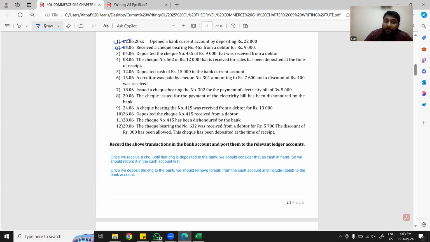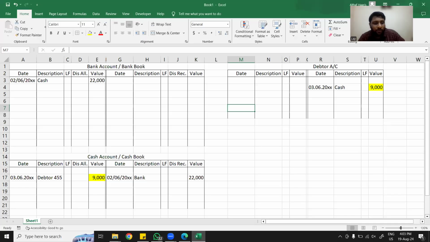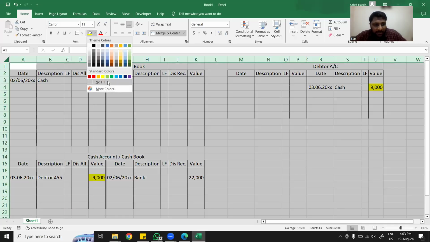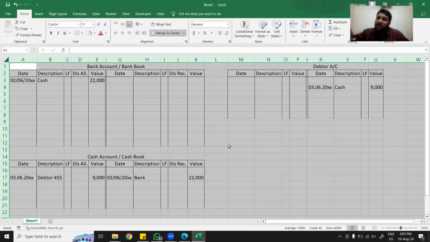Okay. Now next, what's happening? On the next day, the 4th, I'm going and depositing the check to the bank, people. Next day only I am going to the bank to deposit the check. So I told you what to do. Now you have to remove it from the cash account, because think, you will take it from the locker and you will go and put it to the bank.